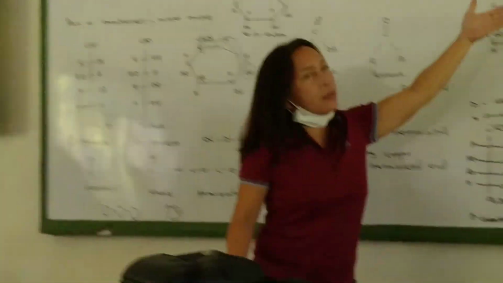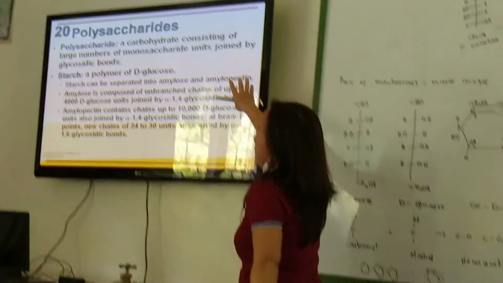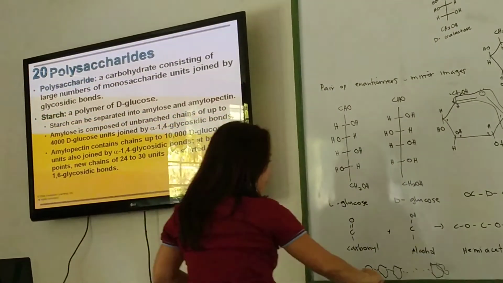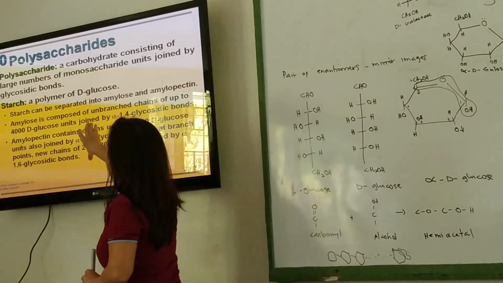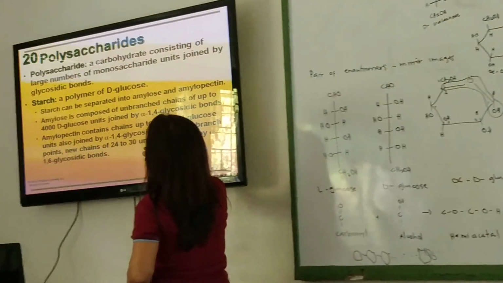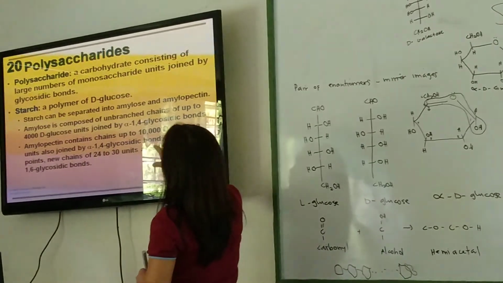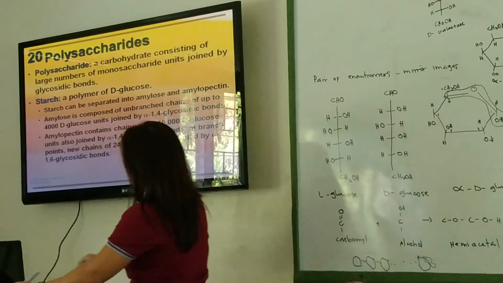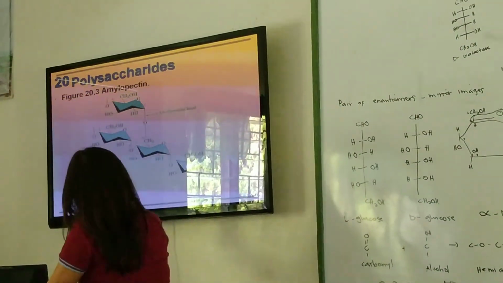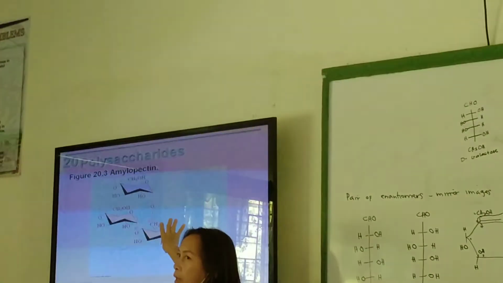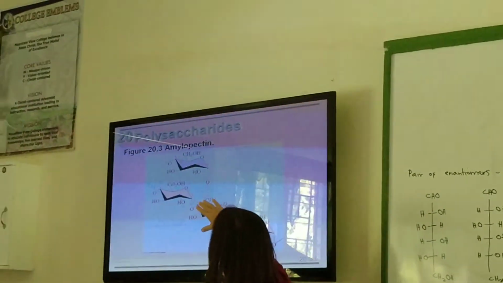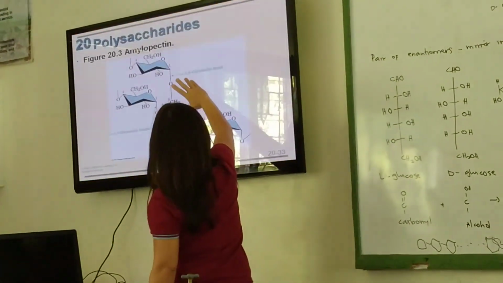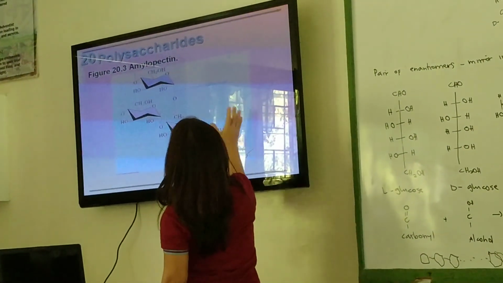So that's the difference between amylose and amylopectin. Amylose is unbranched, straight, linear, and this one is branched, still joined by glycosidic bonds. This is an example of amylopectin. This portion has to be free.